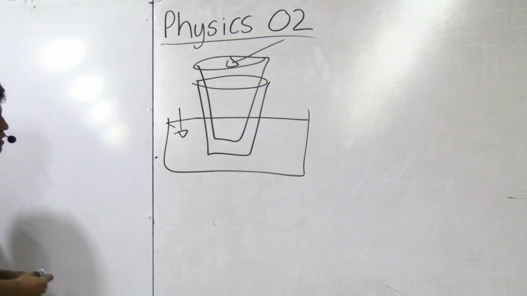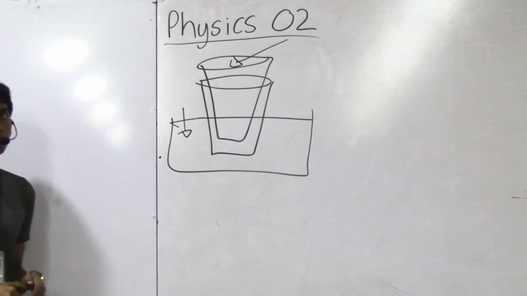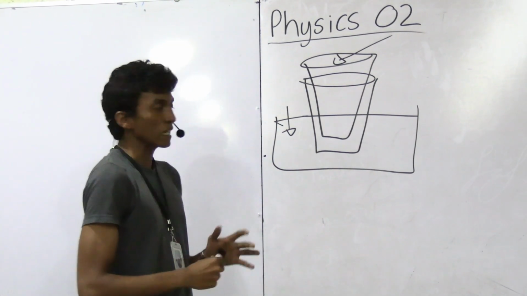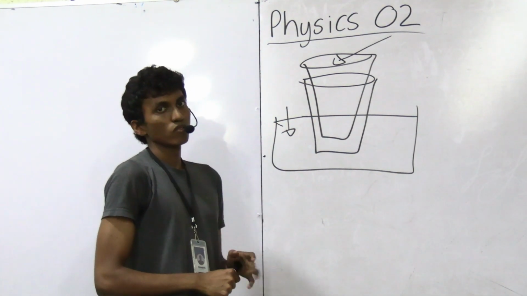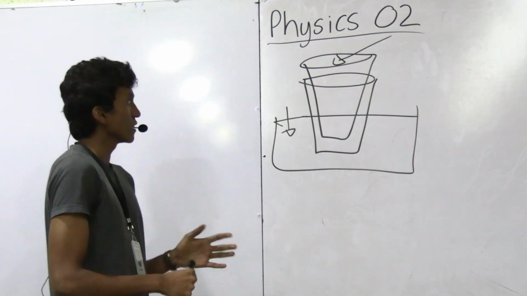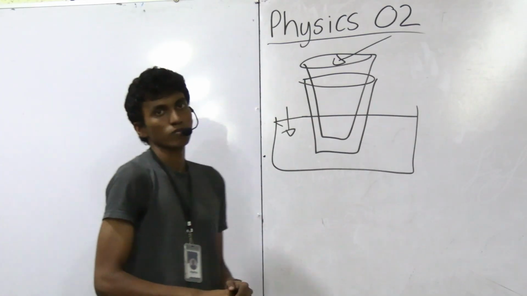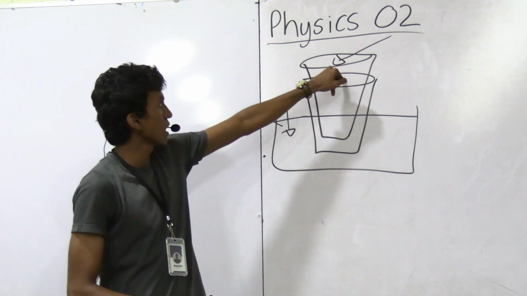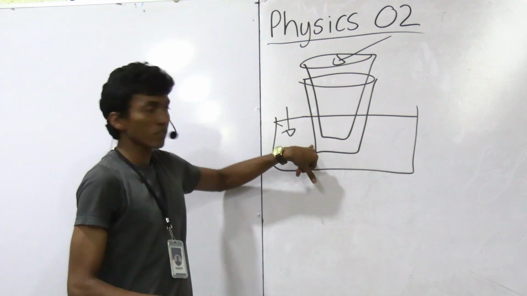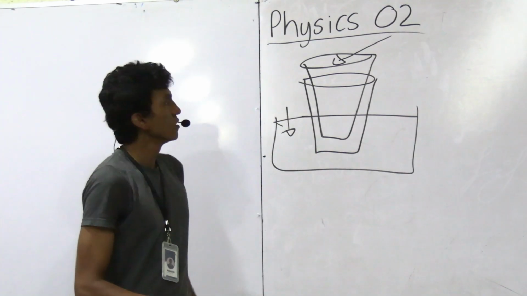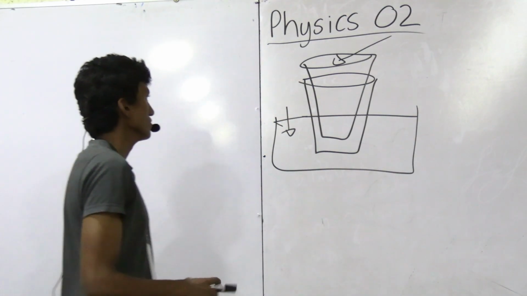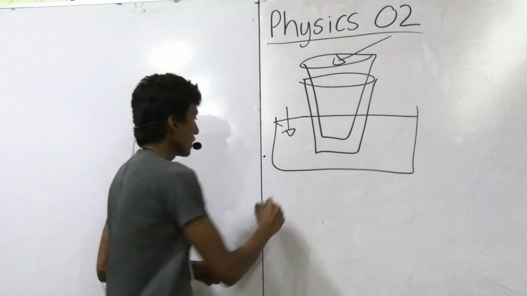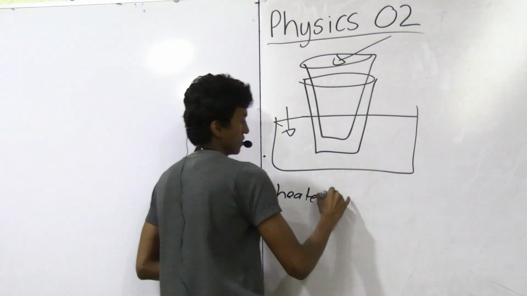So what happens to an object when it is heated? It's called thermal expansion, right? An object increases in its dimensions. So in order to free these two cups, what should we do? We should either decrease the size of the cup inside or increase the size of the cup outside. Like I said, when heated it expands.